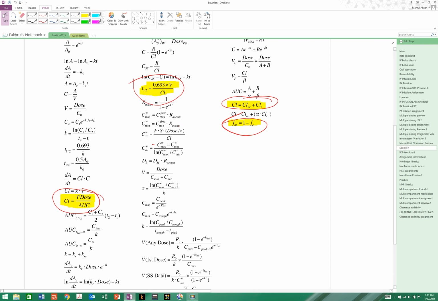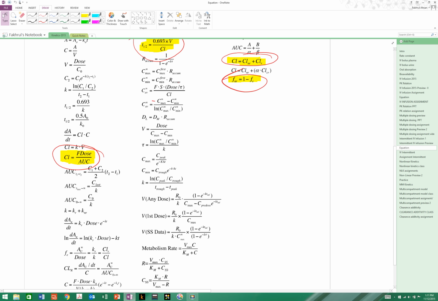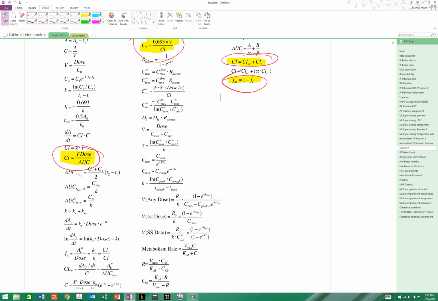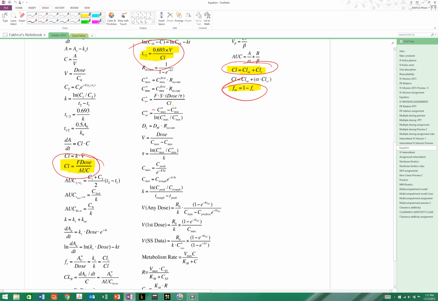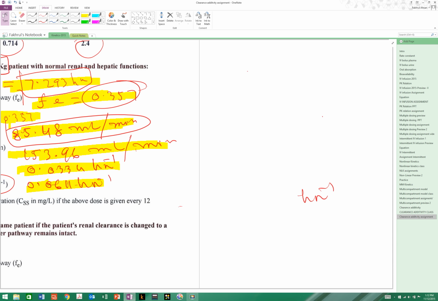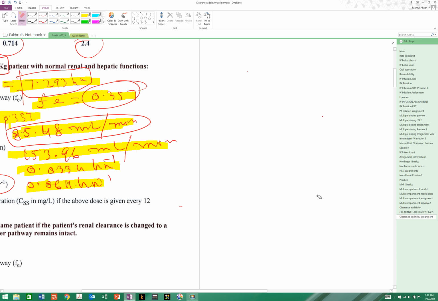Let's see, C average, where is the equation? This one. So here this is the C average. For this you have to use this equation.